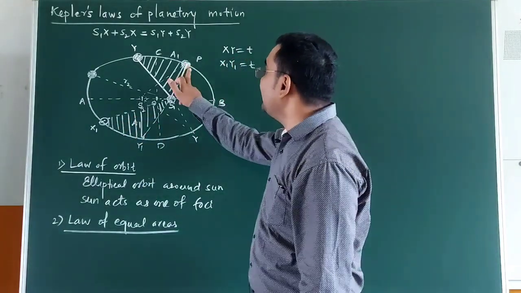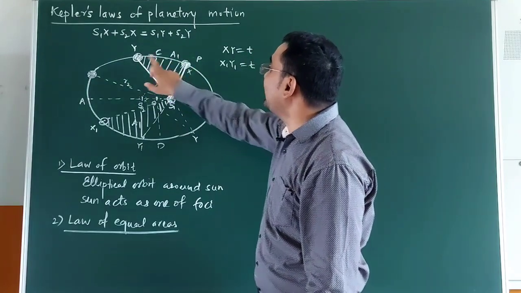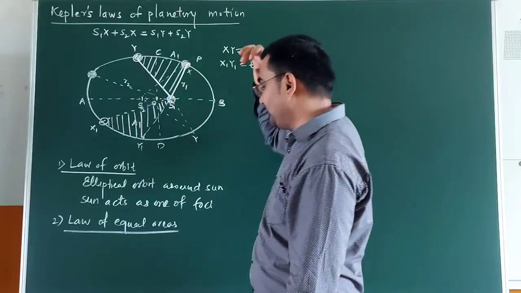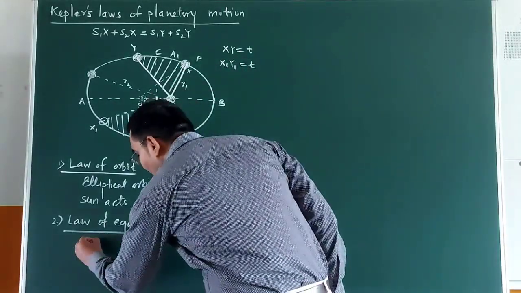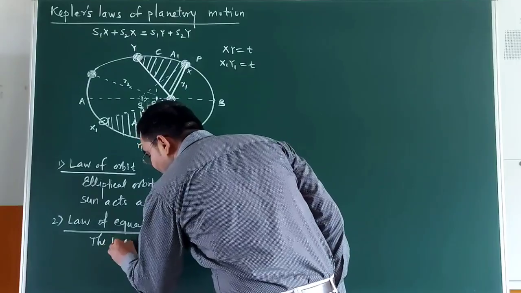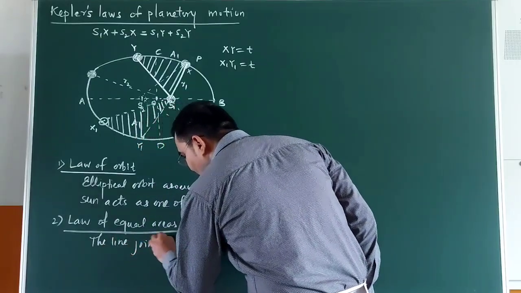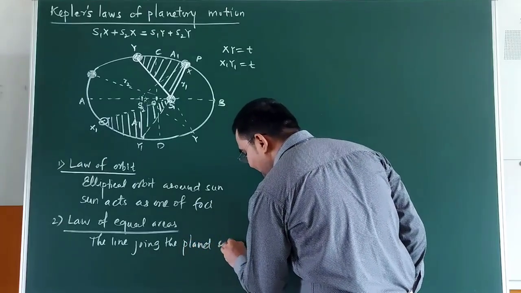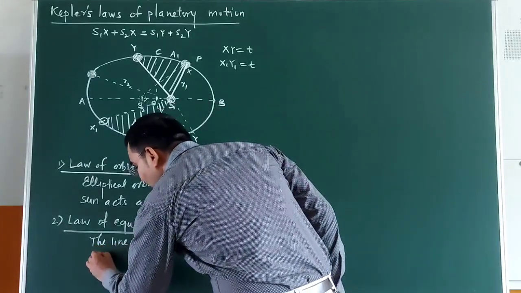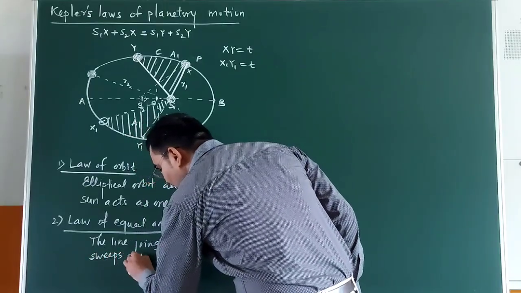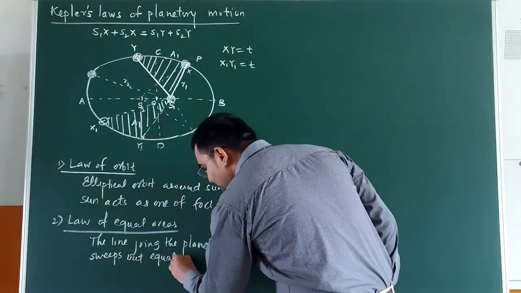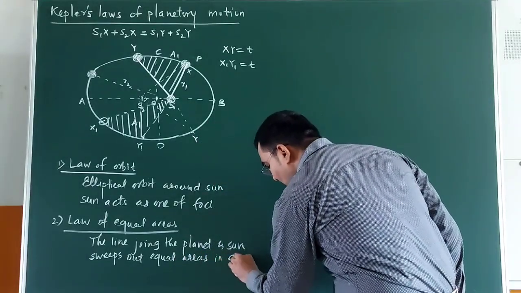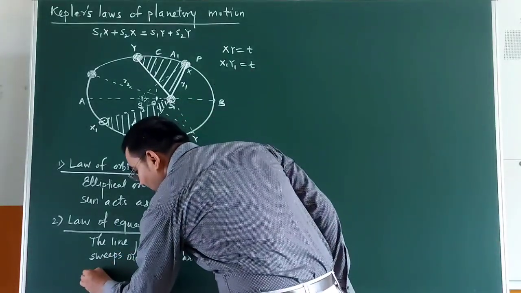That means if the time interval for the motion of the planet is the same, then it will cover equal area by the line joining that planet and the sun, and therefore I can state the law in a proper manner: the line joining the planet and the sun sweeps out equal areas in equal intervals of time.